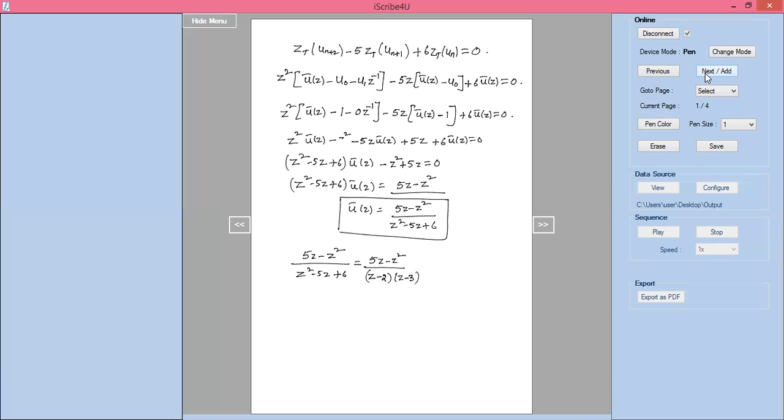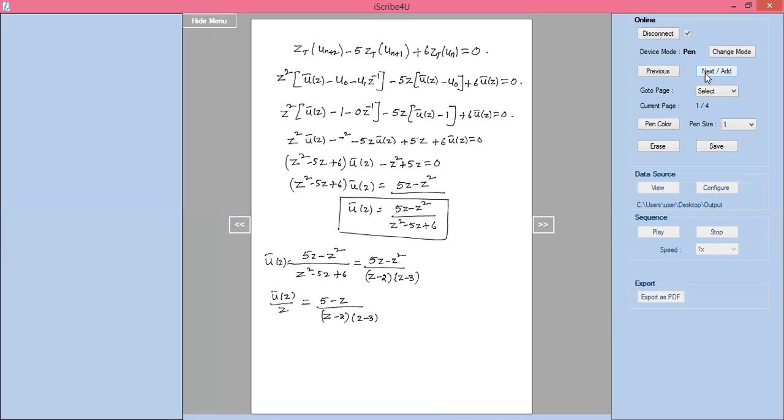Now I'll write in the next step this one only, U bar of z divided by z equal to (5 minus z) divided by (z minus 2) into (z minus 3).